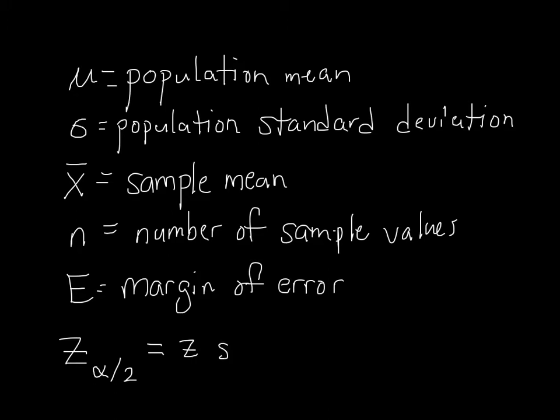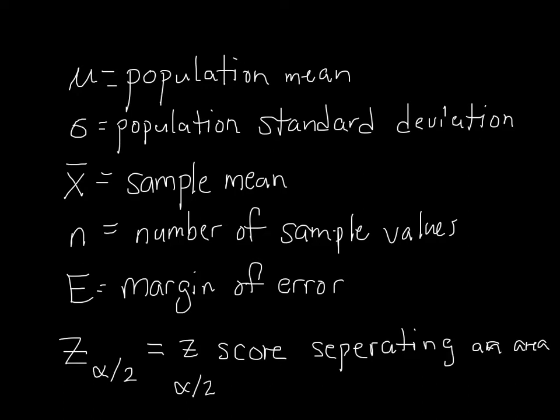That's the z-score separating an area that is alpha divided by 2 in the right tail of the standard normal distribution.